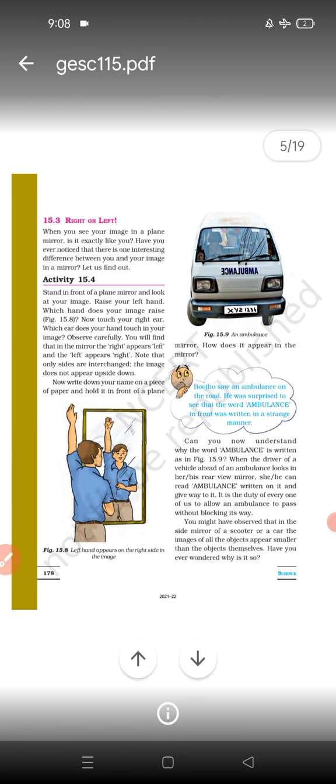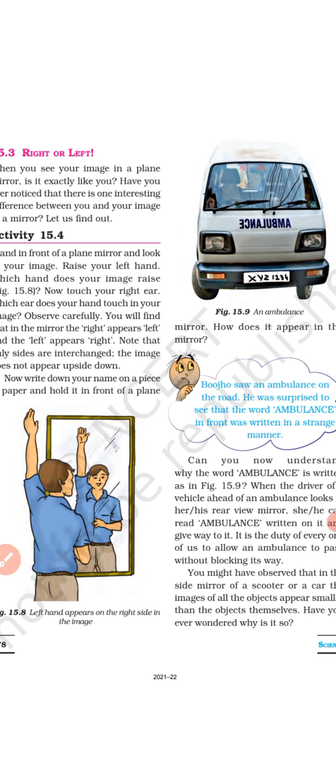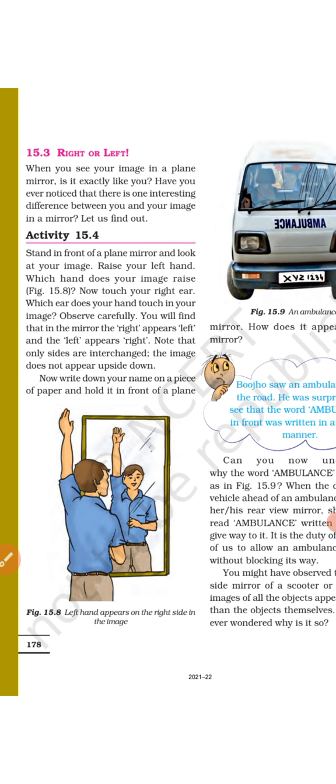Okay, one more important characteristic of the image formed by a plane mirror is that, suppose we stand in front of a big plane mirror, we see the image of our body in it, right? Now there is a difference. Our image appears to be just as we are, but there is a difference. Yes, what is the difference?